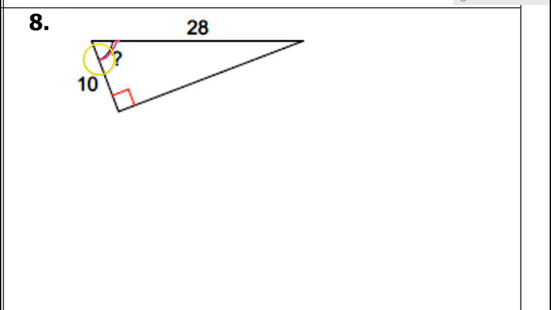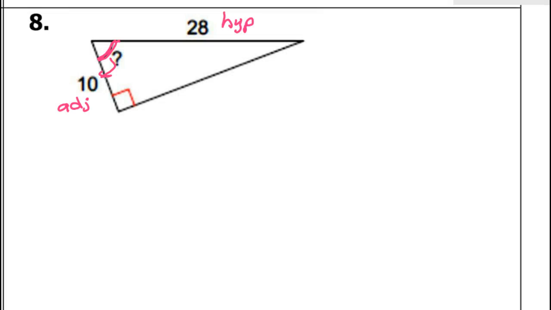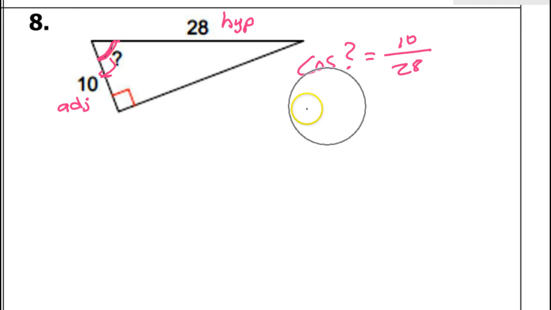So now we have this angle and these two sides. This one is the hypotenuse. Always start with that. This one is the adjacent leg, because adjacent means right next to, and this is right next to the angle. Adjacent and hypotenuse. That is the cosine function, adjacent over hypotenuse. So we will say cosine question mark is equal to 10 over 28, adjacent over hypotenuse.